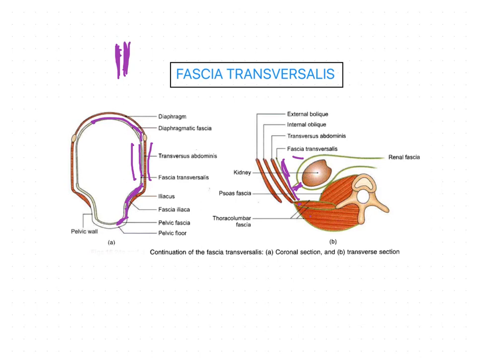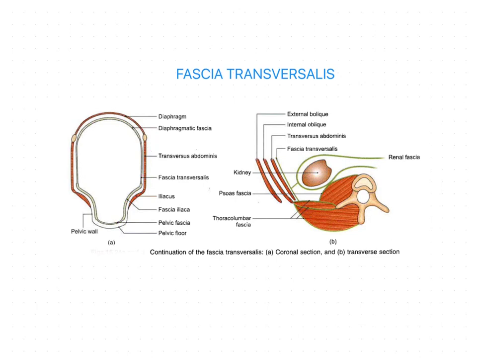Another important structure related to the fascia transversalis is the opening of the deep inguinal ring. The superficial inguinal ring, which we have seen, is formed by the aponeurosis of the external oblique muscle, whereas the deep inguinal ring is formed by the fascia transversalis.